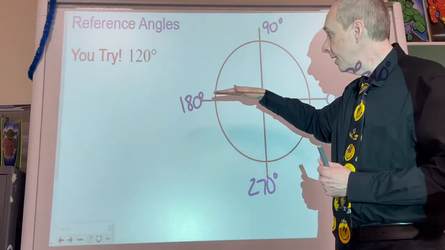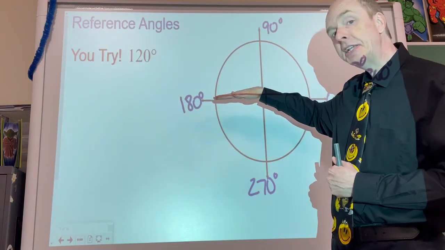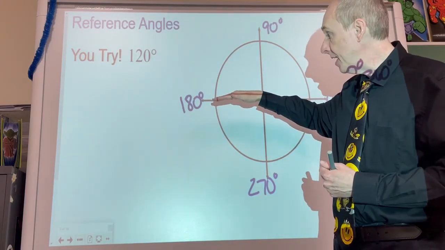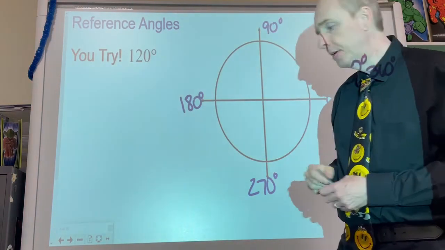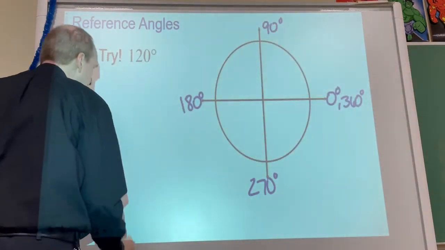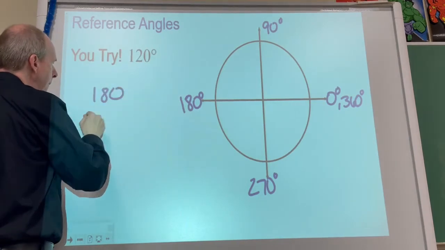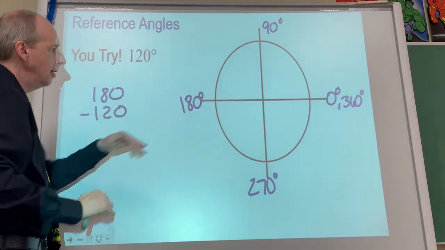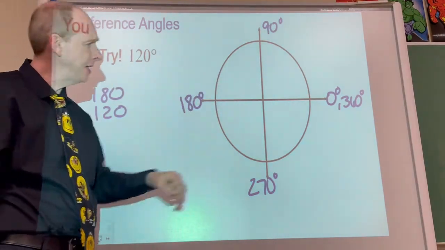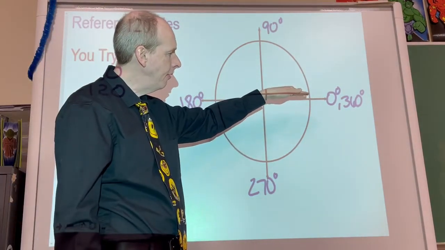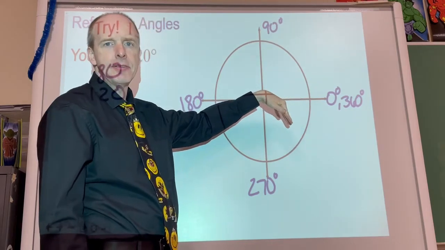The question is, how far from the x-axis is it? Well, the x-axis is 180. 120 is somewhere back in here. So we need to take 180 minus our 120. We're always looking how far above or below 180 it is, or how far above 0 or below 360.